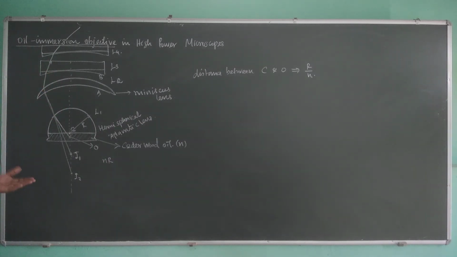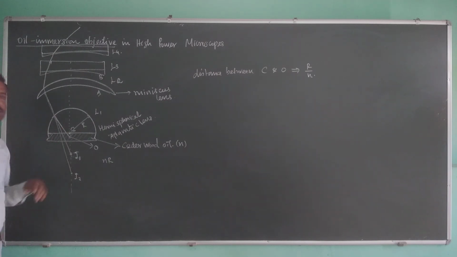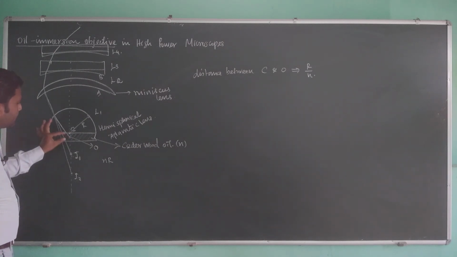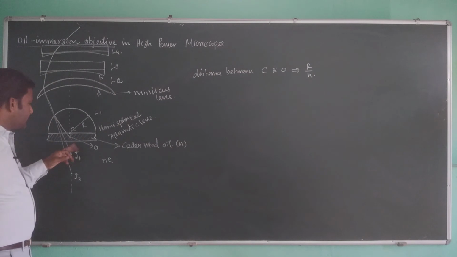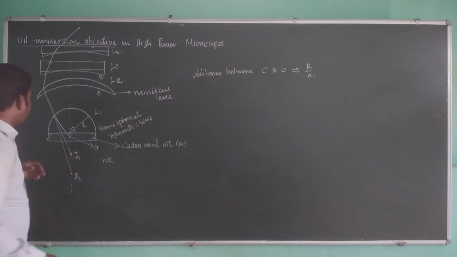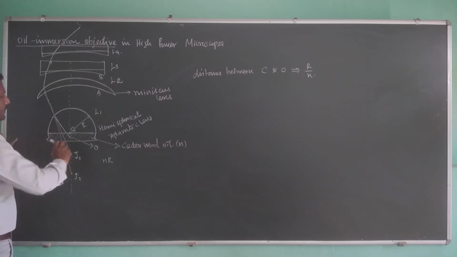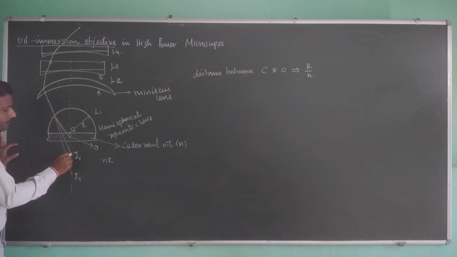In order to satisfy that condition, we consider an oil whose refractive index is equal to the refractive index of the hemispherical aplanatic lens, and the object is placed inside that oil, adjusted in such a way that the distance between the center of curvature of the hemispherical lens and the object is r by n. As the refractive indices are the same, the light coming from O will get refracted only at the surface of the hemispherical aplanatic lens, and after refraction it looks like all the light comes from I1.